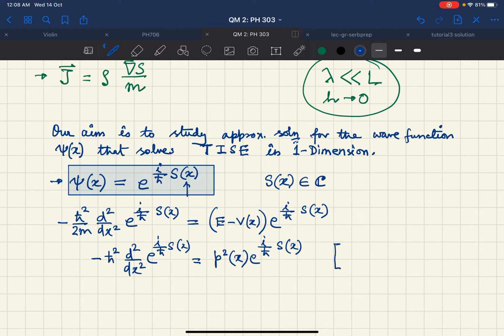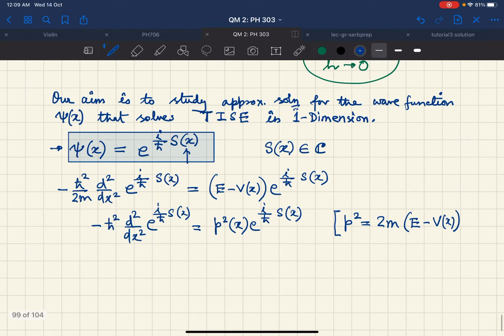I am able to write this simply because by definition classical momentum as a function of x, we can always write as 2m times E minus V of x. So this is what we have used here.